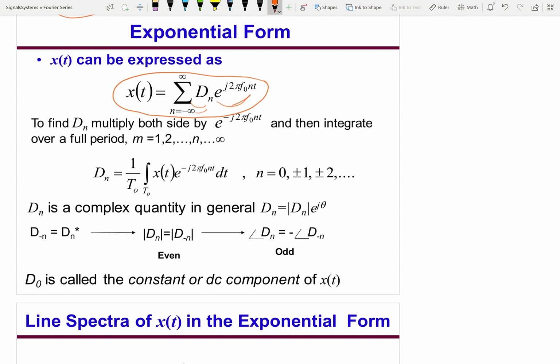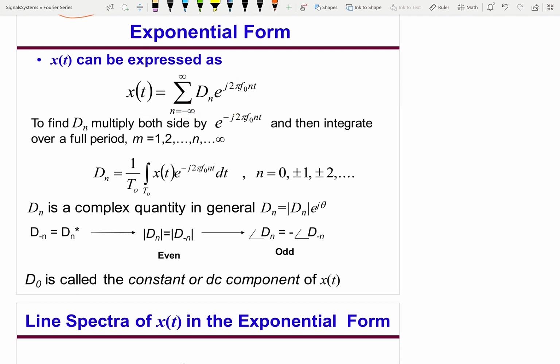And n will go from minus infinity to infinity. If I add all these, I can represent a periodic signal. In this representation, all you have to calculate is Dn. That's it. And that's why the exponential form is very attractive.